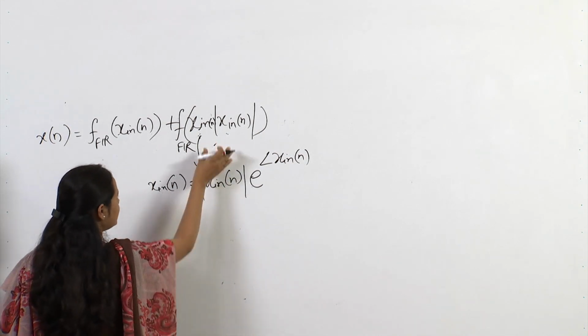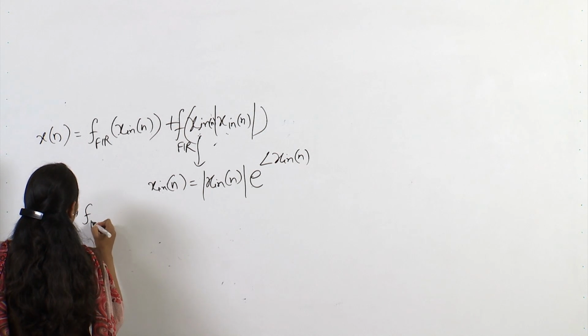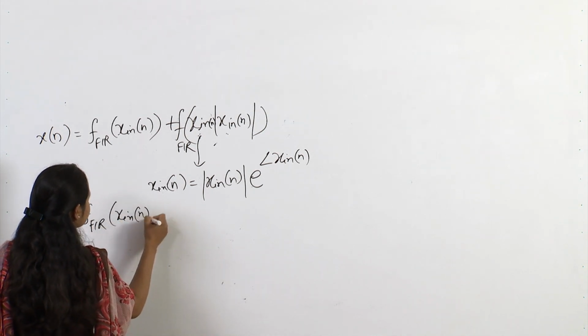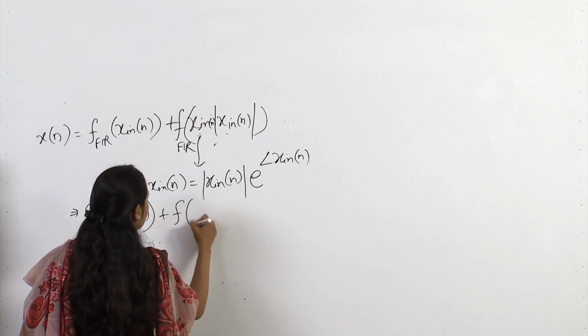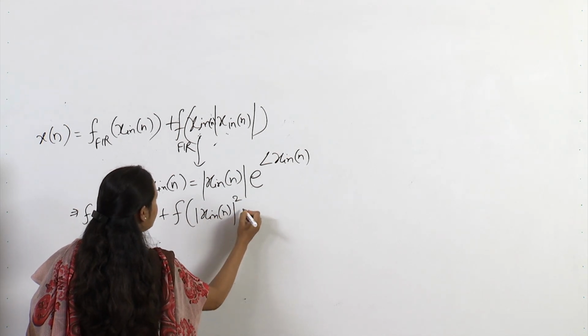So, if we see this one, it becomes actually a function of a FIR function for sure, but apart from that it is also a function of x in squared.